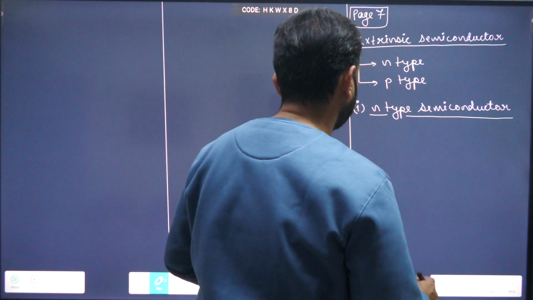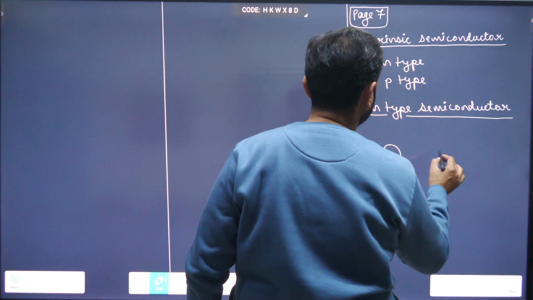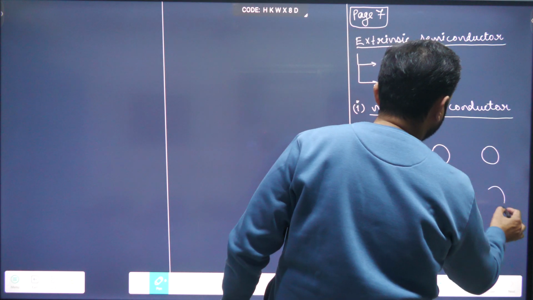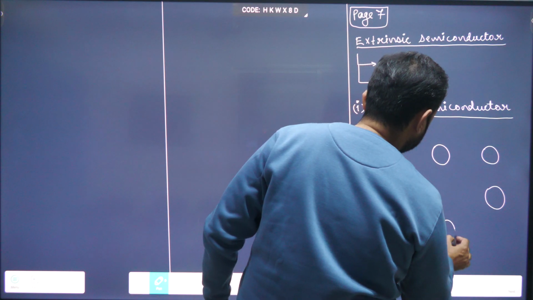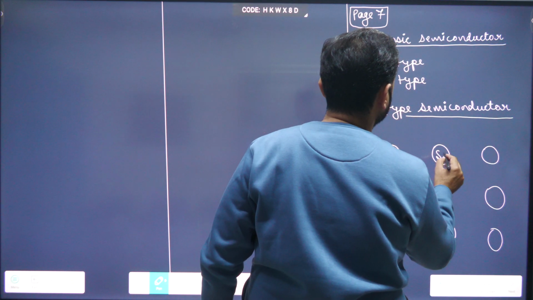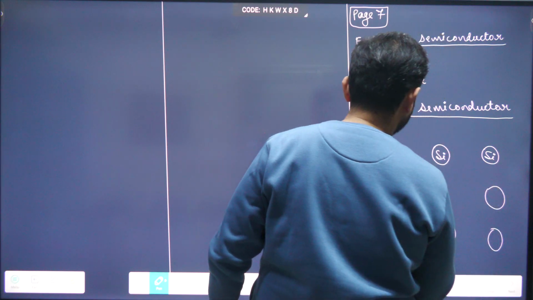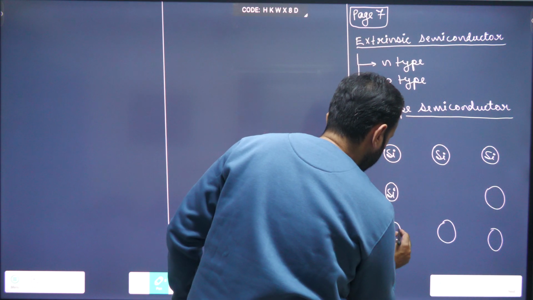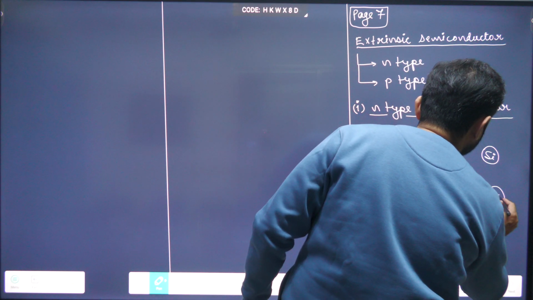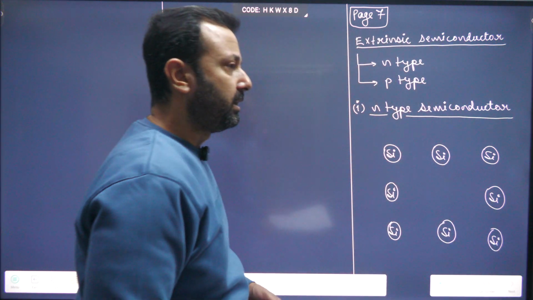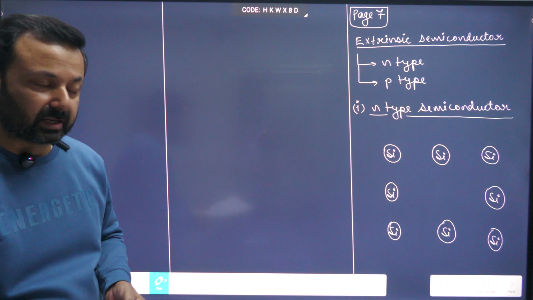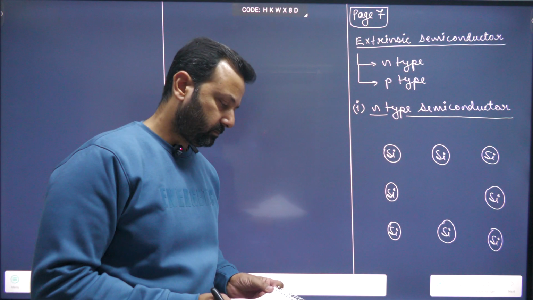So, if we have a structure like this, with silicon atoms all around, and a pentavalent impurity atom like phosphorus, arsenic, antimony or bismuth.